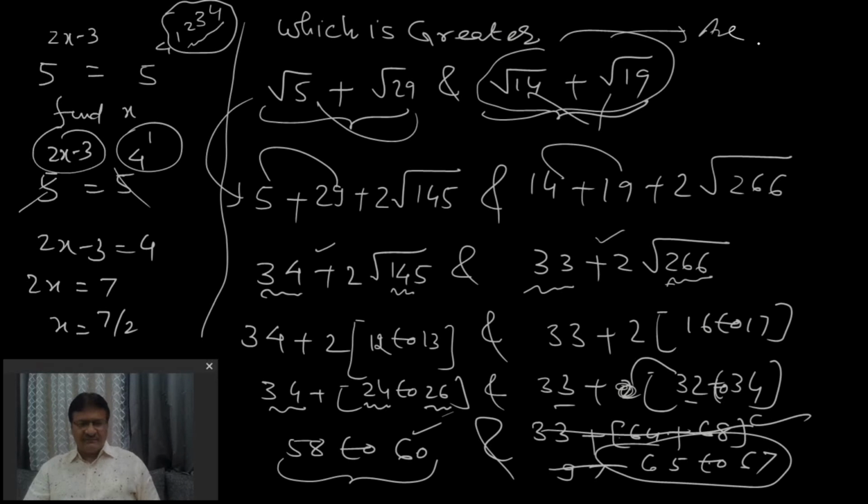So this way we can find the things. Now next question. Root 13 minus root 10. The next one is root 10 minus root 5.